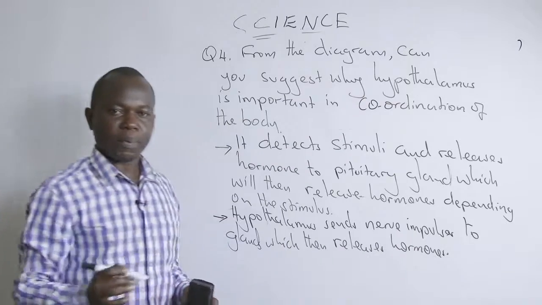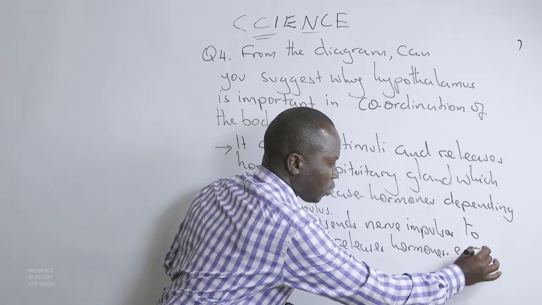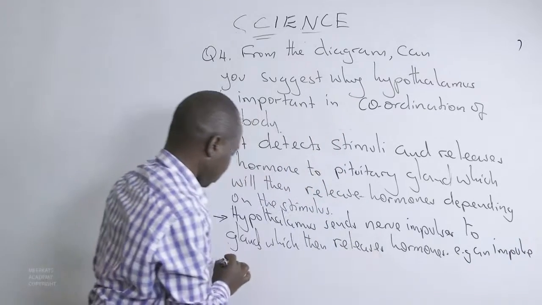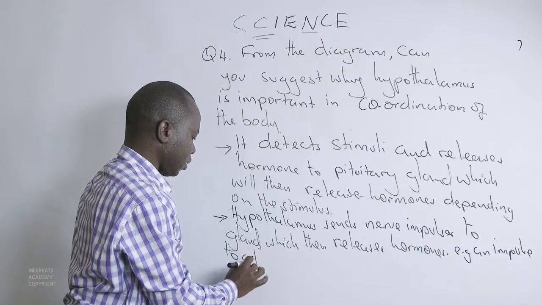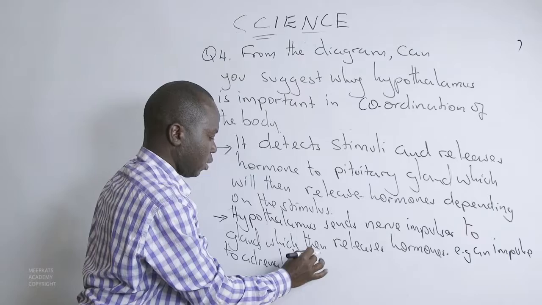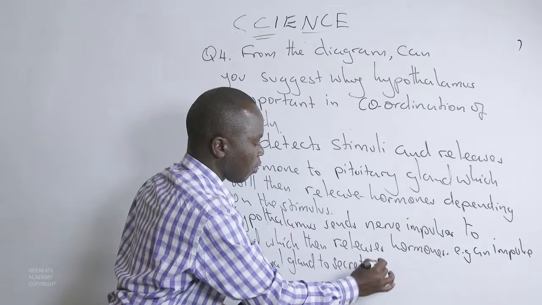A very good example is that of the adrenal gland, e.g., an impulse to the adrenal gland to secrete adrenaline hormone.